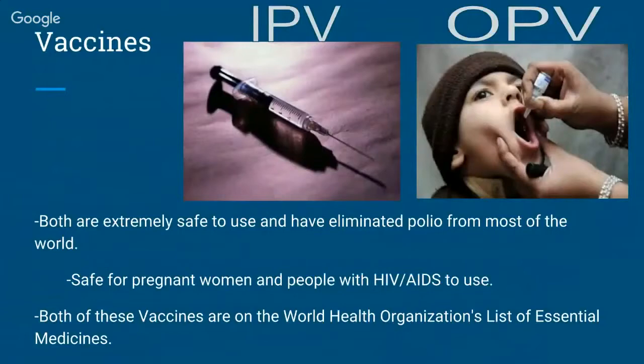and these vaccines are the IPV and the OPV. The IPV is the inactivated form, and the OPV is the oral form. Both are extremely safe to use. These vaccines are even good for people with HIV and AIDS, and even for pregnant women.